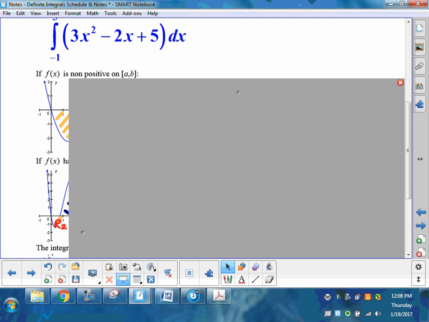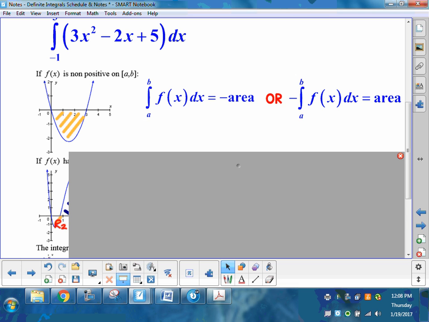Now, it's possible for that area under the curve to be negative. What has to happen in order for it to be negative? The function has to dip below the x-axis. If those spaces are negative, that's what we would get. Now, there's two ways of doing this.